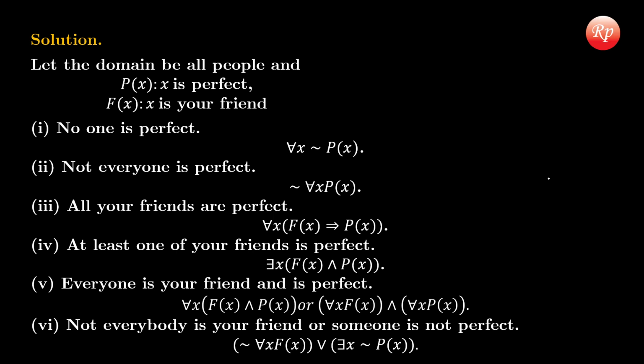So in this way you can convert or translate English statements into predicates and quantifiers, or you can write any English statement using predicate and quantifier, and also logical expressions.